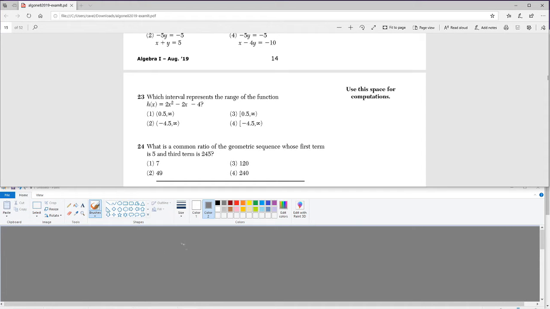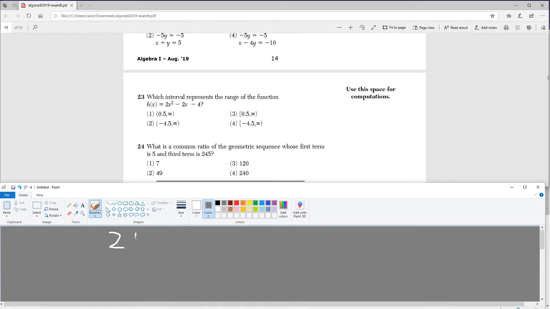Alright, let's do number 24. It says, what is a common ratio of the geometric sequence whose first term is 5 and third term is 245? So if you remember, geometric sequence in its explicit form is an is equal to a1, which is our first term, multiplied by r to the n minus 1, where r is the common ratio and n is the term.